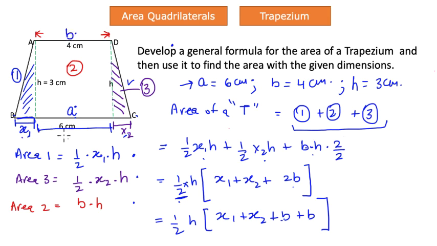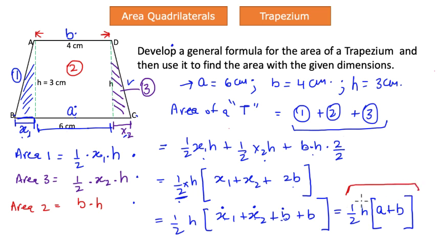So A is the sum of x1, x2 and b. That means I can replace the whole thing inside the parentheses, x1 plus x2 plus b, by one single dimension A, and the other b remains as it is. So this is my formula for the area of a trapezium.